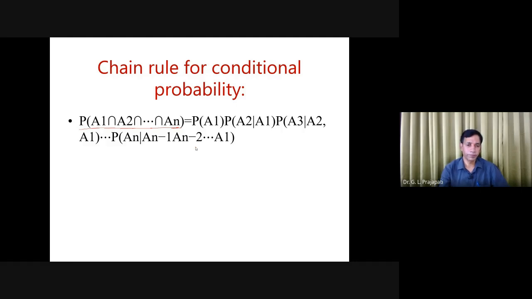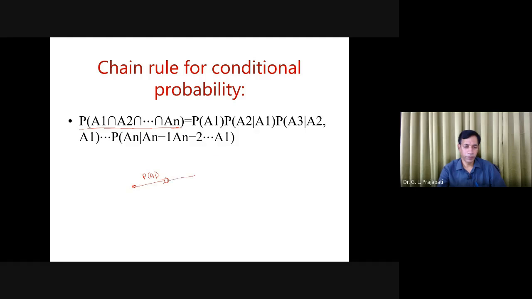This means you are here and you are going like this. Once you are here, this is the probability that A1 occurred. Now after this, A2 also occurred, so A1 occurred and A2 also occurred.